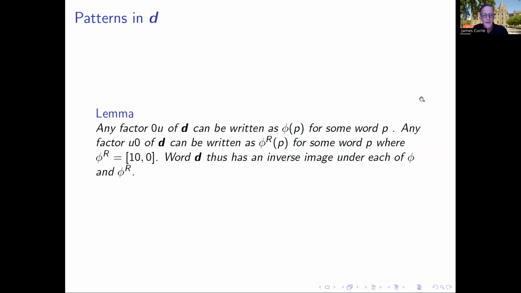However, any factor of the period doubling word that starts with 0 can be parsed using the Fibonacci morphism, and any factor that ends in 0 can be factored with the reverse of the Fibonacci morphism. So that means that the word D has an inverse image under phi and under phi reverse. I should say factors of D.